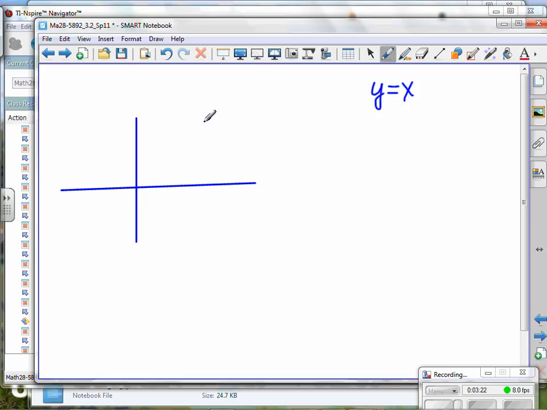I'll remind you, they count by 1, 2, 3, and 4. So if I start with the most negative input, I'm going to begin to see the graph in which quadrant? 3. And if I go to the most positive, I'm going to see it leaving my view on this coordinate plane through which quadrant? Yeah, so we have what we call entering and leaving through opposite quadrants. So if I put that line there, I would have it in the third and out through the first.